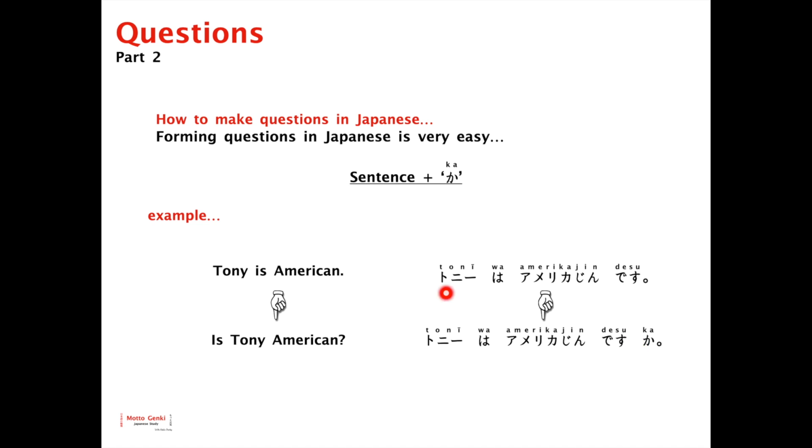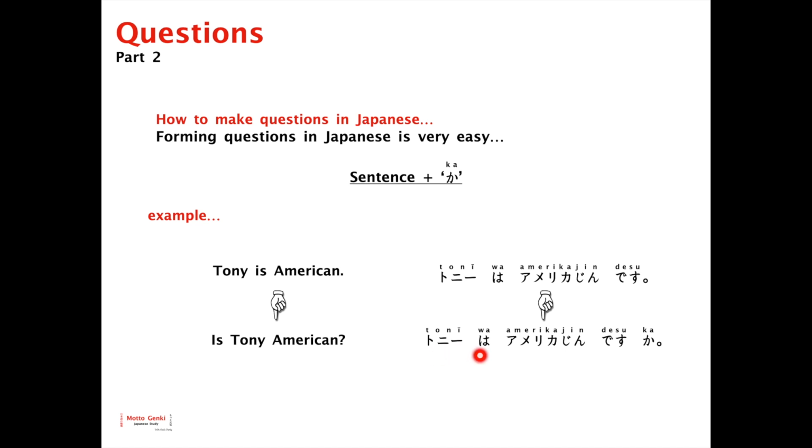So, Tony wa Amerikajin desu. Tony wa, Tony is the topic of the sentence. Amerikajin desu is American. Tony is American.